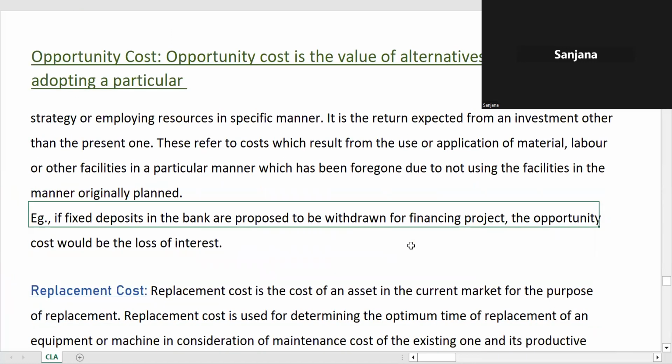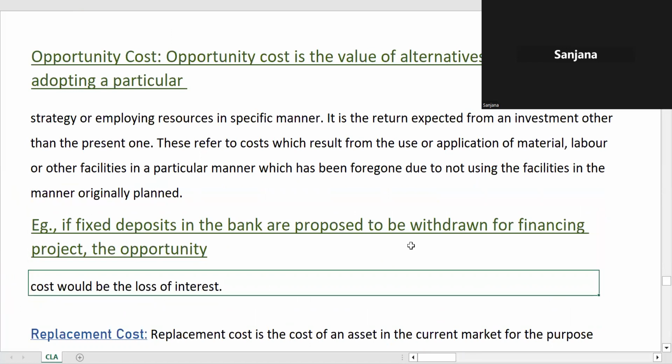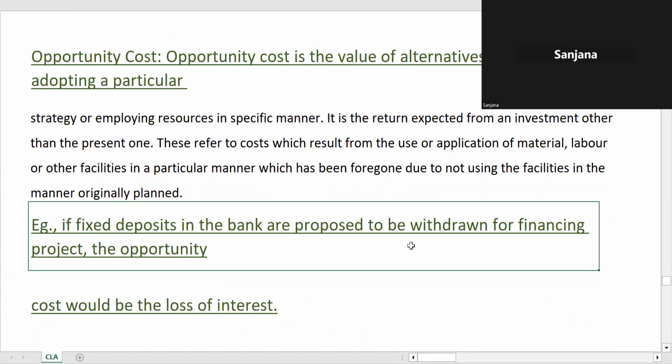So here there's an example. If I have fixed deposits in the bank, and I want to take that out and finance a project, then the opportunity cost will be the loss of interest. I am getting some interest now. If I take that money out, I am foregoing that interest. So that is my opportunity cost.